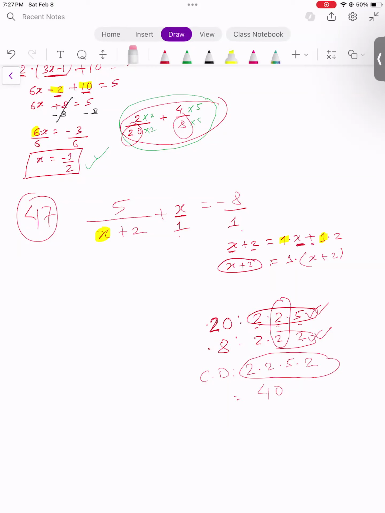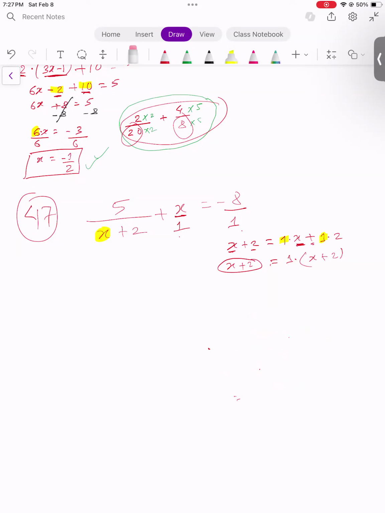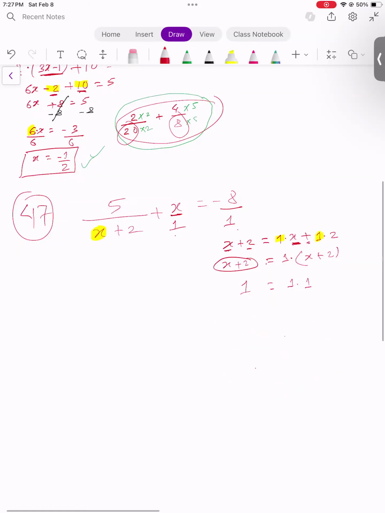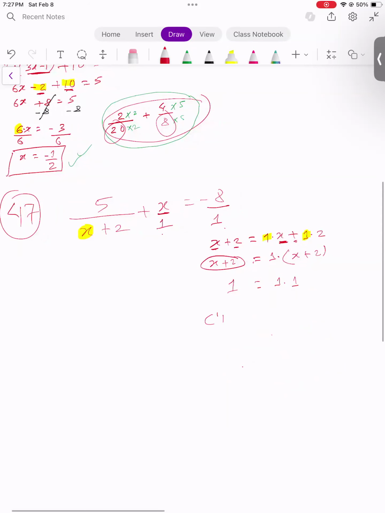And next we have 1, the next denominator. We can write 1 as 1 times 1. Now for the common denominator, you are looking for the common factor here. What do we have as common? We have 1 as common, so you write it down once.